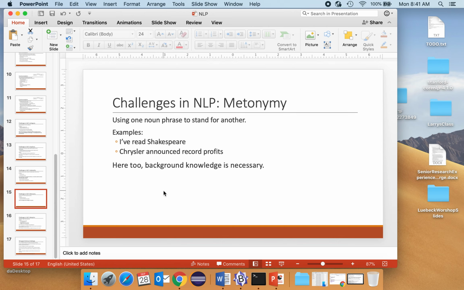Metonymy is where we use one noun phrase to stand for another one. Here's an example. I've read Shakespeare. Well, again, background knowledge is something we need over here, because we need to know who Shakespeare was, and that we can't really read people.